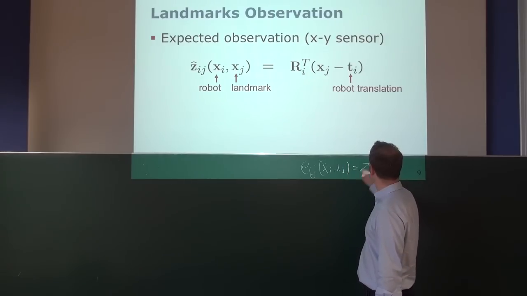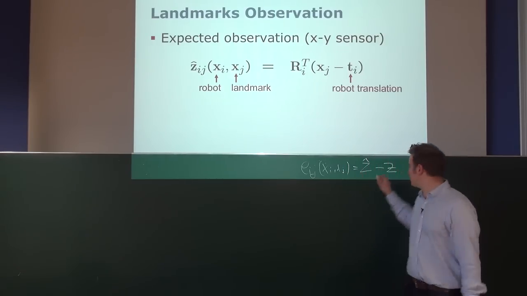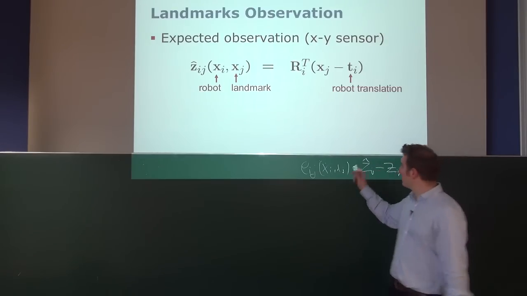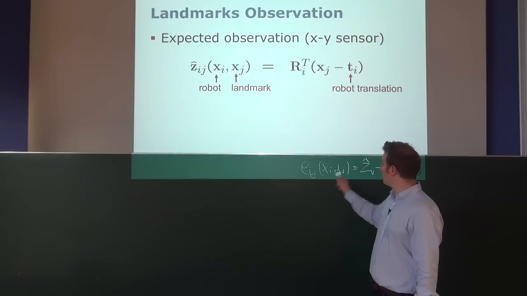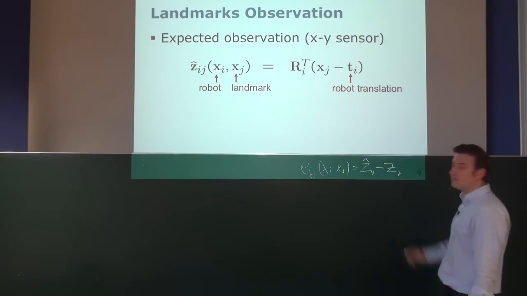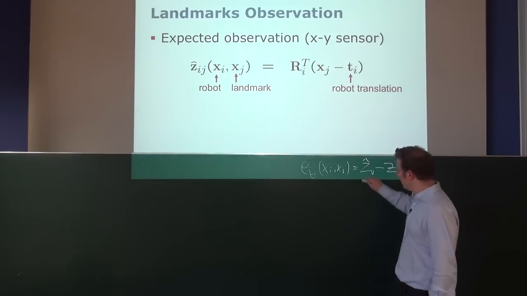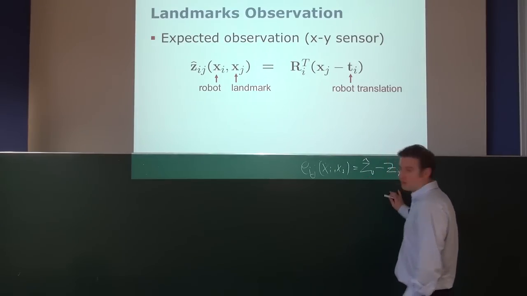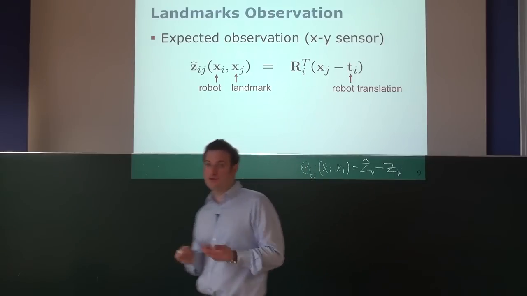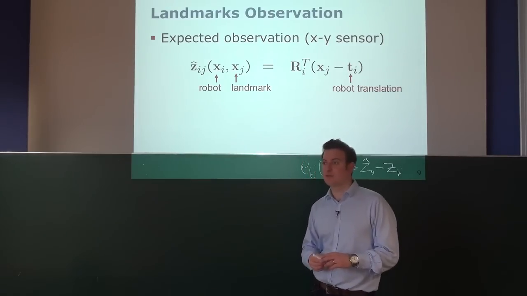So it is the expected value minus the value that I actually measured, z_ij. Right? So it's exactly correct. This is the pose of the robot. This is my landmark. The error is the difference between both of them. So if I measure delta x, delta y, this will be a two-dimensional vector of x and y, and this as well. And if I subtract, then I know by how much in x direction and how much in y direction the observation doesn't agree with the current configuration of the graph.